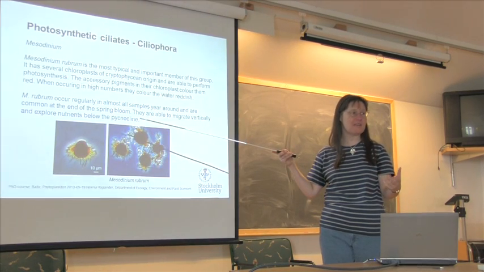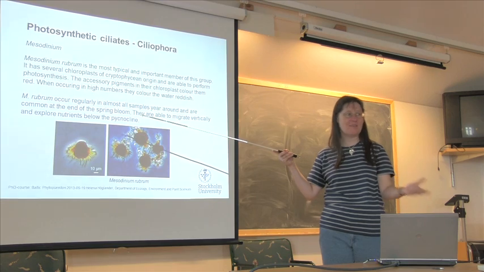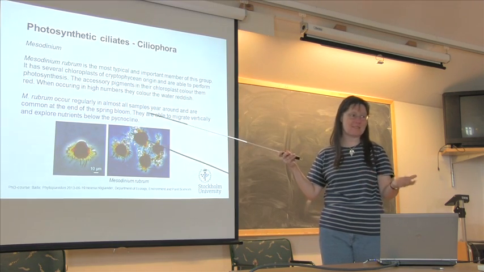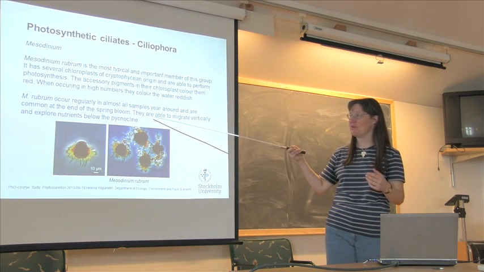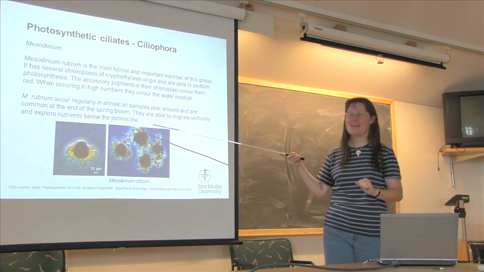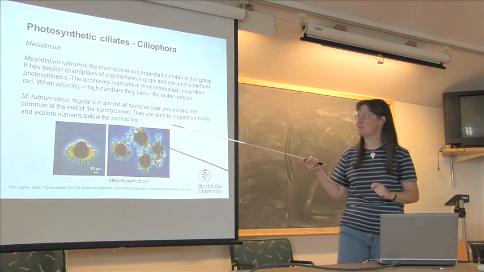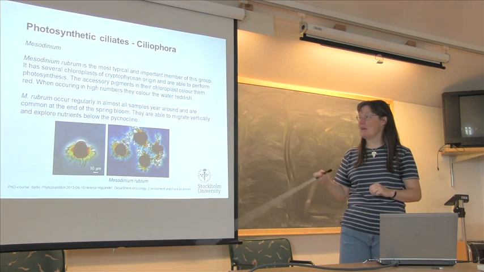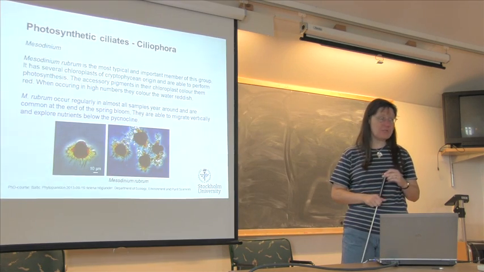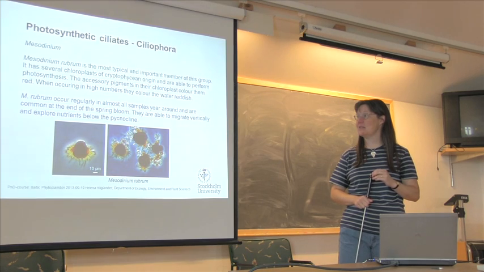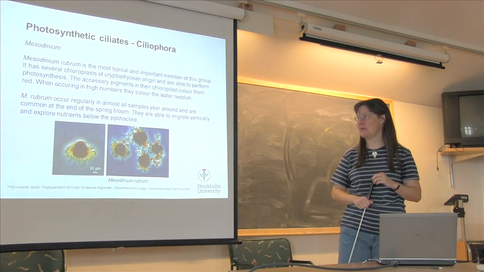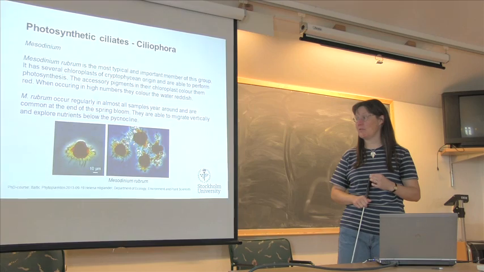So it's difficult to know, are they eating them or just robbing them of their chloroplast? So if they are totally autotrophic or mixotrophic, I'm not really sure how to say that. And they are common year-round, but they are mostly common at the end of the spring bloom, where they can be a big part of the bloom.